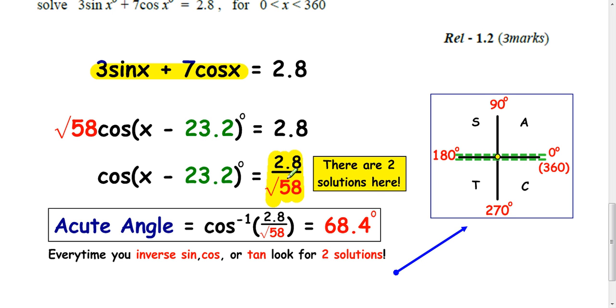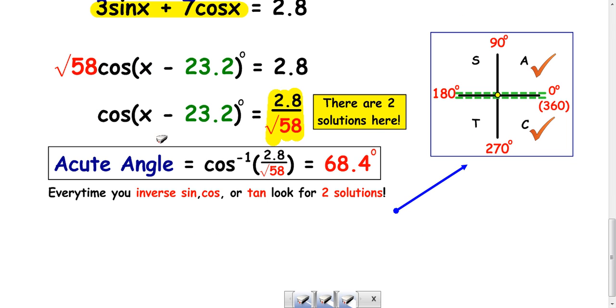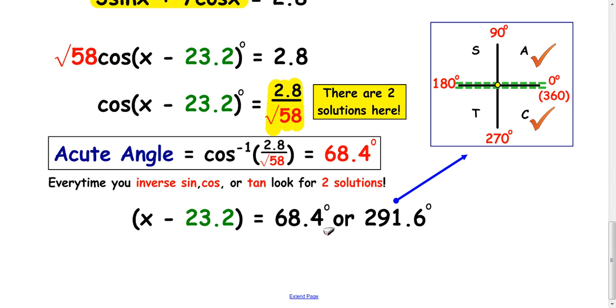Cos is positive, and that happens in the first quadrant and also the fourth quadrant. So this equals this answer in the first quadrant, or 360 take away that, which gives you 291.6. Then to finish it off, add on your 23 to both answers.